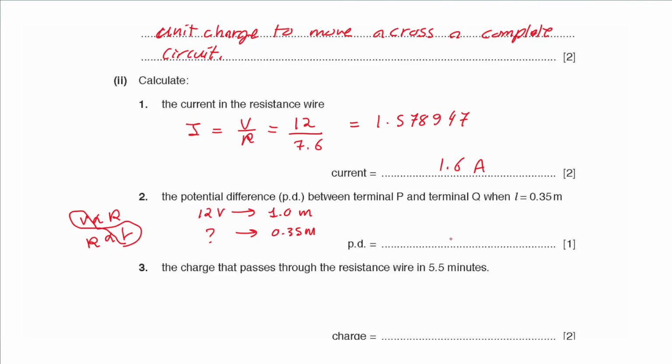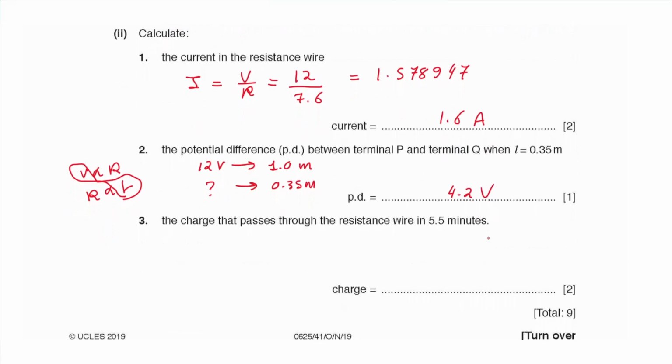That gives an answer of 4.2 volts. Part (iv) says calculate the charge that passes through the resistance wire in 5.5 minutes. We use charge is equal to current multiplied by time, and the current was 1.6. Multiplying that by 5.5, then converting from minutes to seconds, we multiply by 60. That gives a value of 528 coulombs, so approximately 530 coulombs.